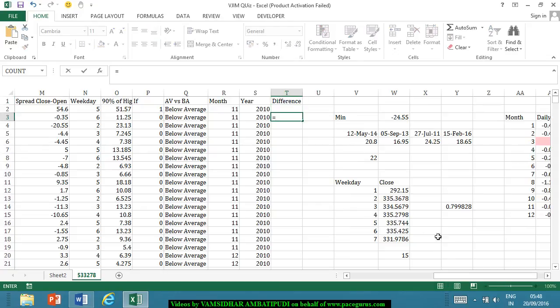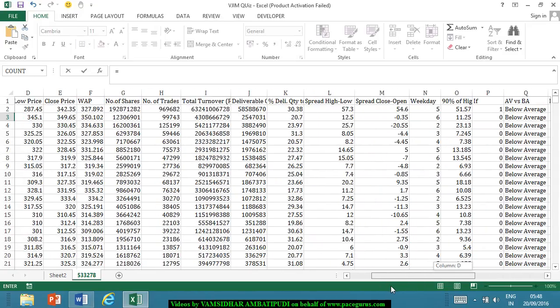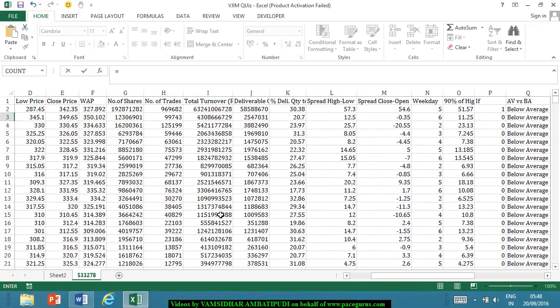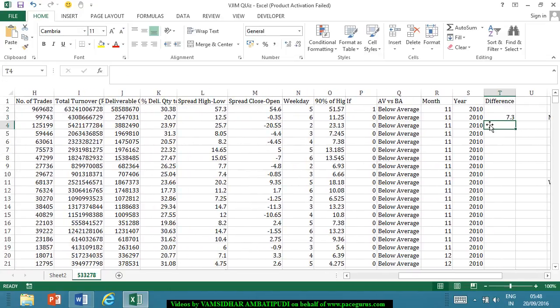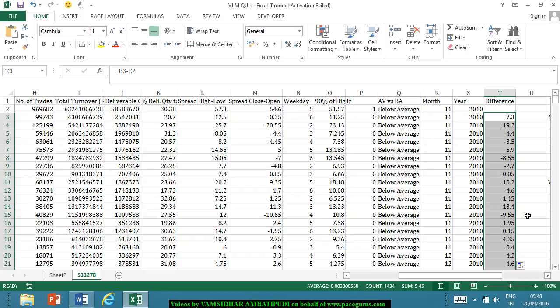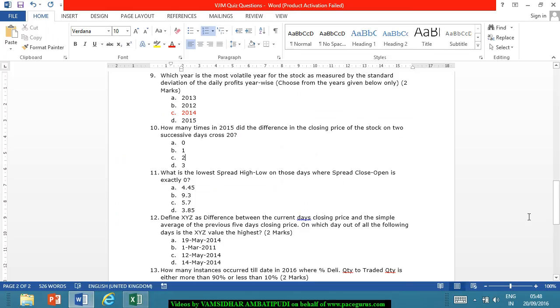So here I'll find the difference as the difference between the closing price of this day minus the closing price of the previous day. So this is the difference, right?